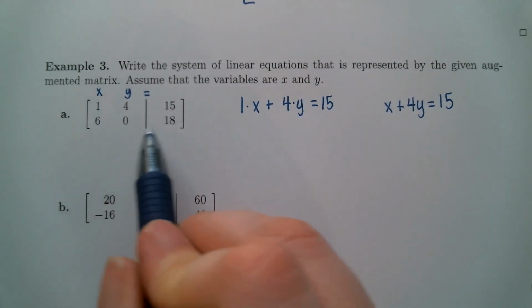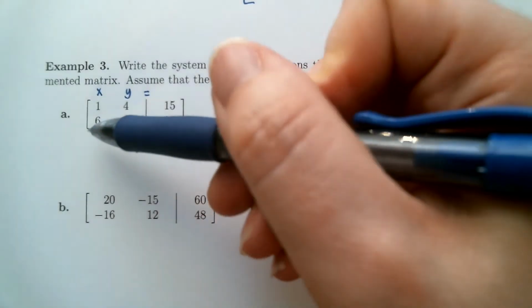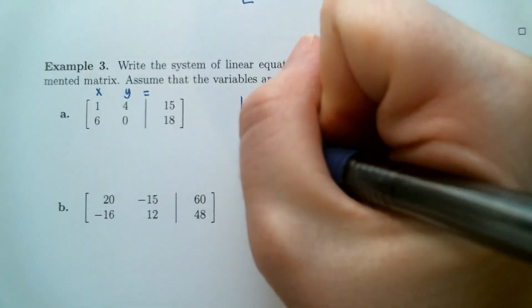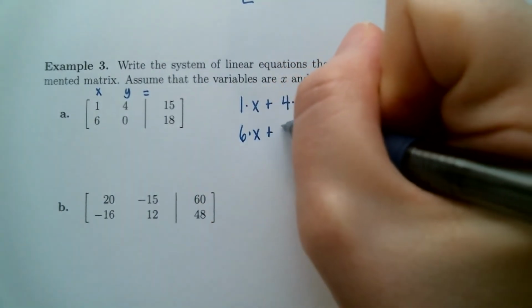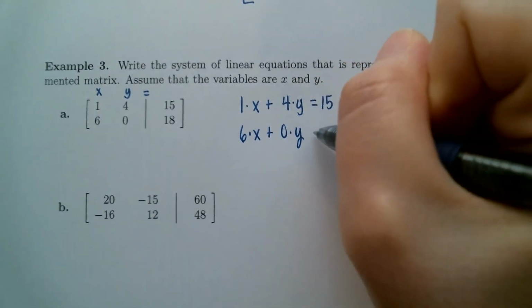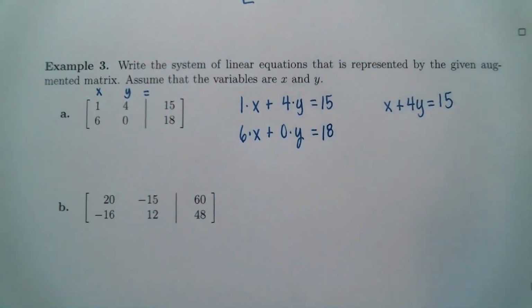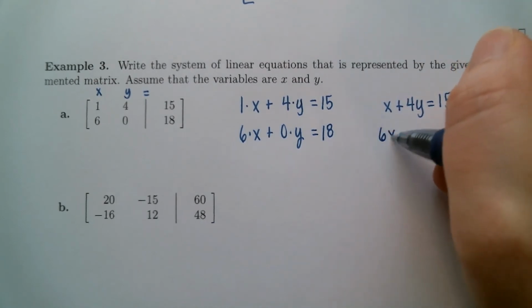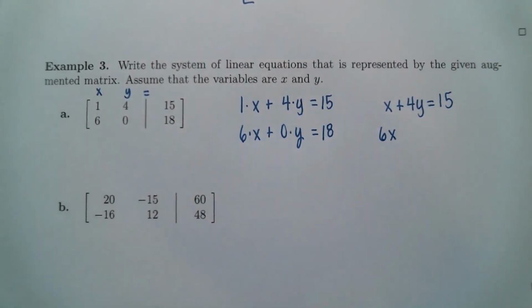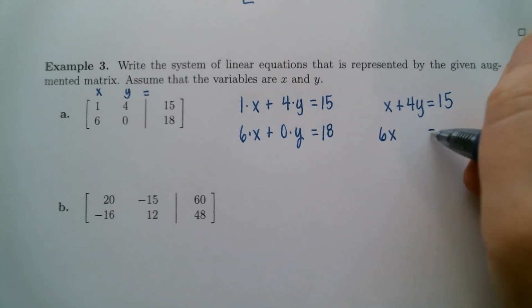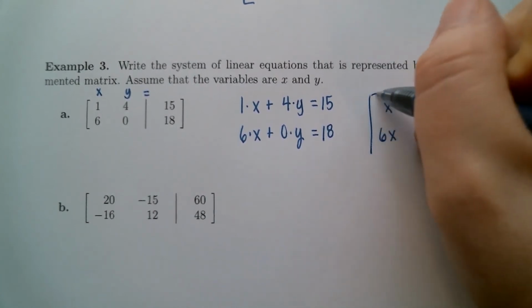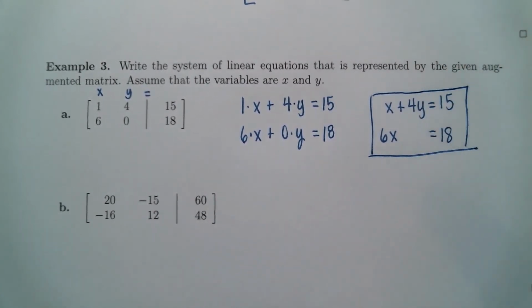Okay. 6, 0, 18. Translate that. 6 times x plus 0 times y is equal to 18. So if we simplify that, that's going to be 6x. 0y is going to be 0. You don't have to write that. So 6x is equal to 18. Okay. There's your system of equations.